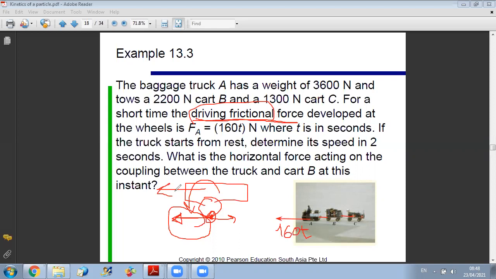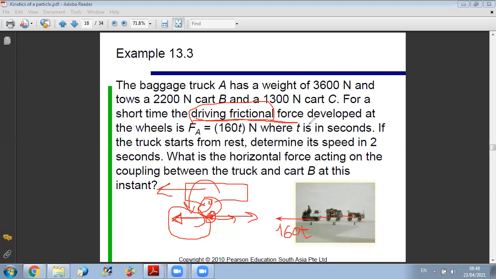Now, in case I don't have rotation of wheels, if my wheels are just sliding, then the friction is no longer a driving force, it becomes a resisting force. In this case, when there is a locking effect, the car and the wheel become like one body, or when sliding is dominant over rolling, the friction force will resist motion, not play a driving role.